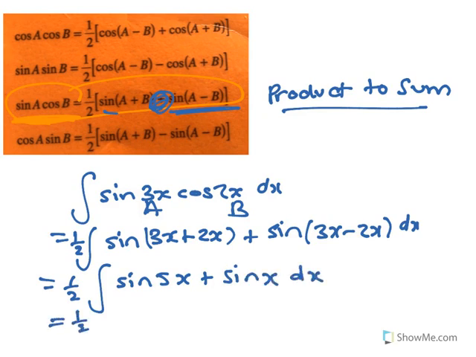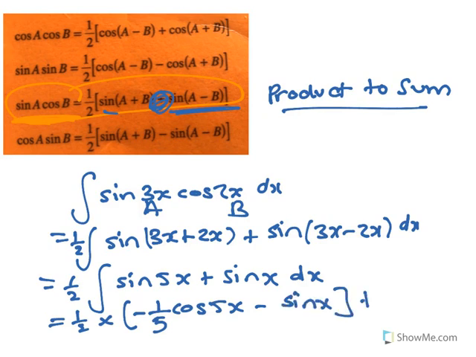Now when you integrate sine, it goes to minus cos, so it's minus 1/5 cos 5x minus cos x plus c. So we end up with minus 1 on 10 cos 5x minus 1/2 cos x plus c.